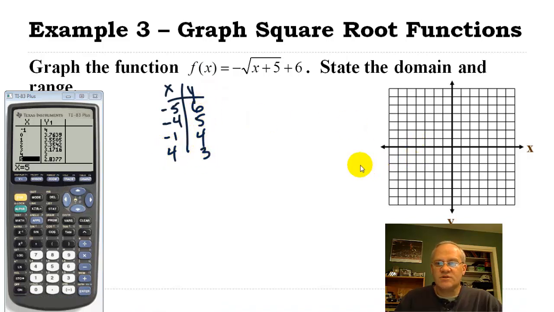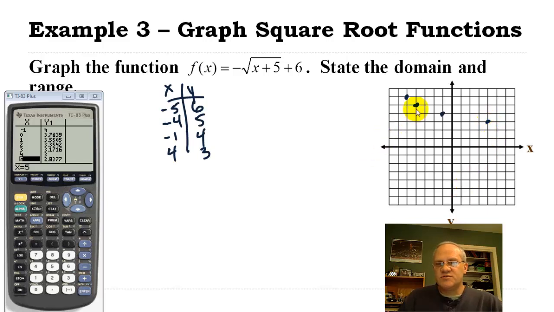So let's graph those. Negative 5, and then 1, 2, 3, 4, 5, 6, way up here. Negative 4, and 1, 2, 3, 4, 5. Negative 1, and 1, 2, 3, 4. And then 4, and 1, 2, 3.